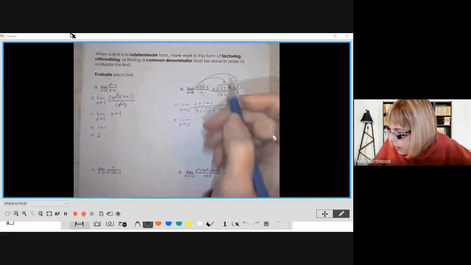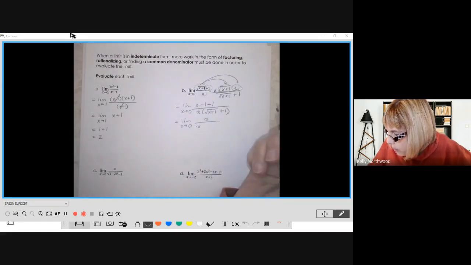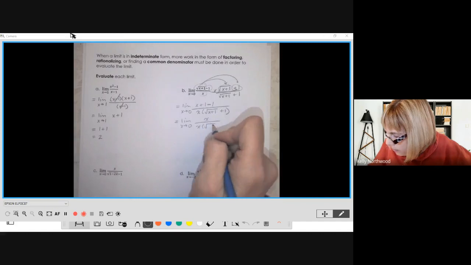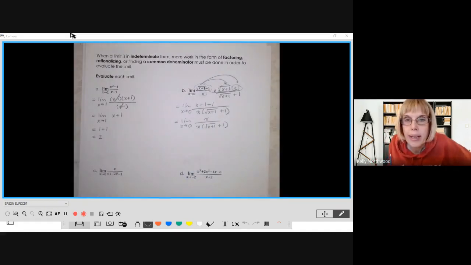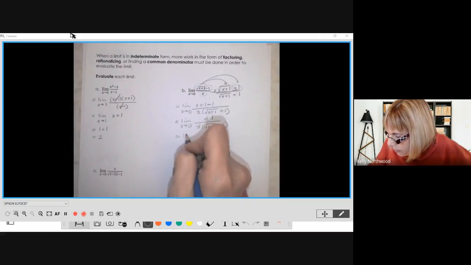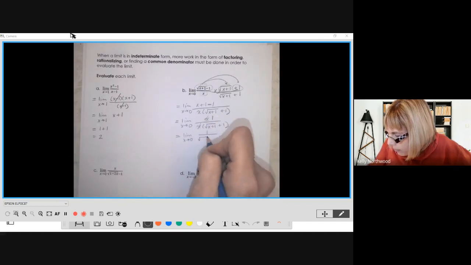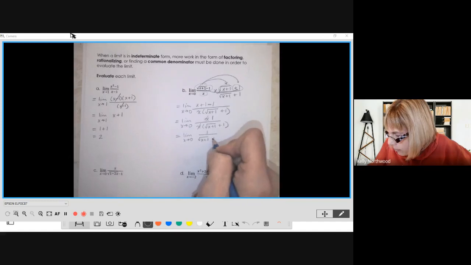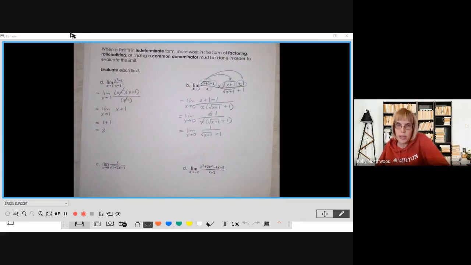All right, so then in the numerator, I'm just left with x now, because plus 1 minus 1 divide out. And now I can divide out the x's, leaving me a 1 on top. And now it's safe to let x approach 0.